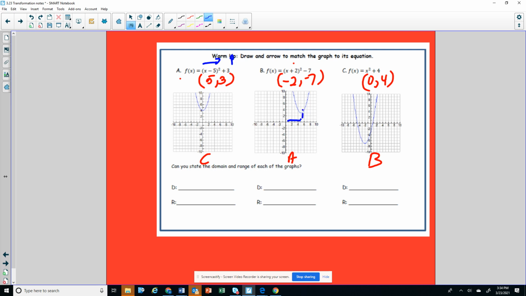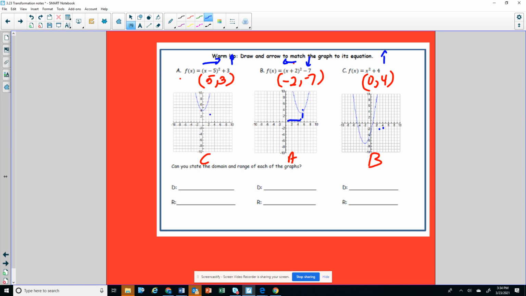So that's why that one is A. And for B, +2 means the graph shifted 2 units to the left and went down 7. And so that's this graph right here. And on C now, the graph does not shift left or right. It only went up 4 units on the y-axis. So that's why that is C.